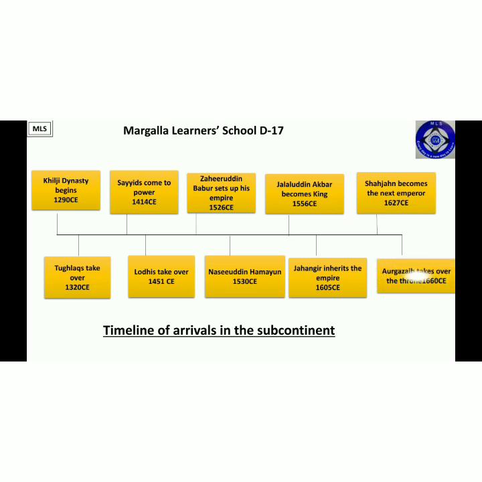And then we have Aurangzeb, who takes over the throne of Shah Jahan. All these are Muslim rulers, and in the next chapter we will study how each ruler came into power or how his power ended.